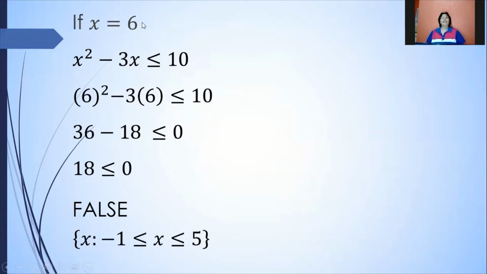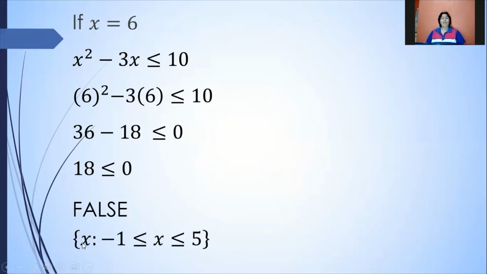If x is equal to 6, x squared minus 3x is less than or equal to 10. 6 squared minus 3 times 6 is less than or equal to 10. 6 squared is equal to 36 minus 3 times 6 is 18. 36 minus 18 is equal to 18. 18 is less than or equal to 10. That is false.